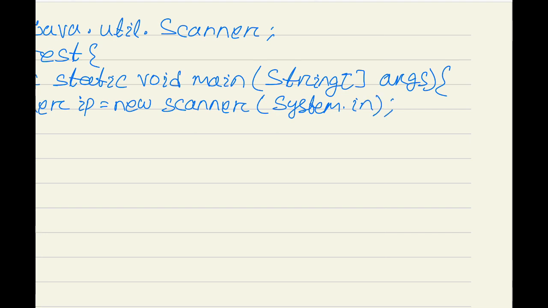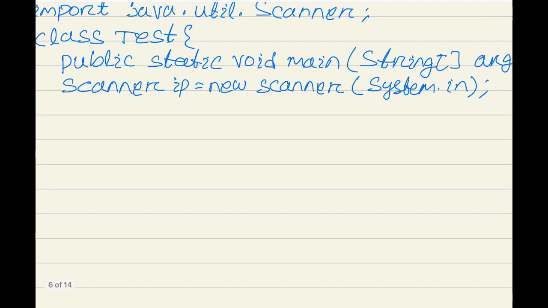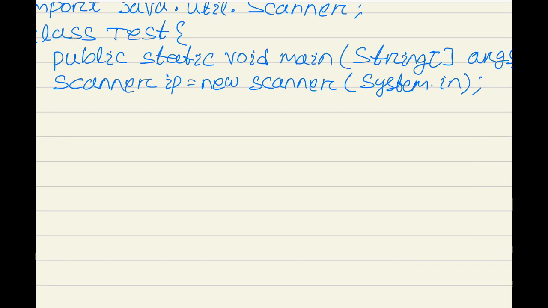System.in. Okay, now here we want to display 'Enter the radius'. System.out.print. So here we are using print so that the control stays in the same line.